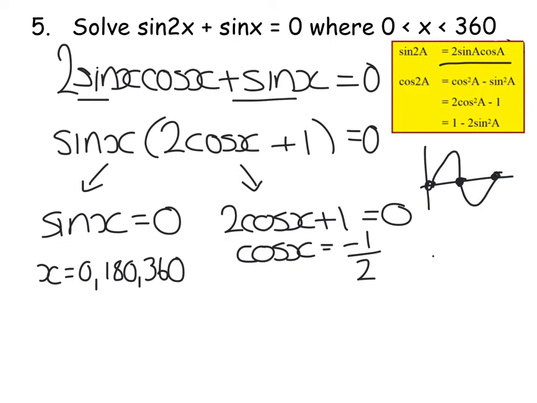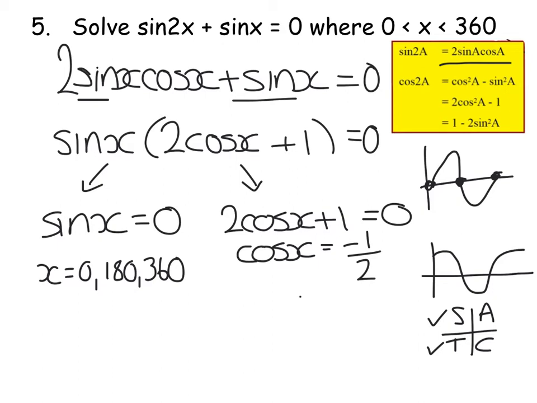For the second one, they want you to solve cos x equals -1/2. So technically what you're going to do is work out shift cos of a half, and the negative just helps you decide that you're not using all and cos, you're actually going to use sine and tan. So shift cos of a half, you don't have a calculator, but it is an exact value. So shift cos of a half is 60.